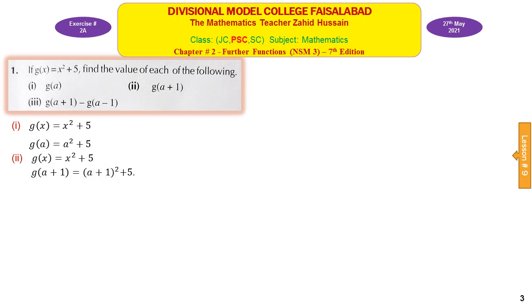Here b is 1. So this is a square plus 2ab, 2a multiplied by 1 is 2a, plus b square, that is 1 square, and plus 5. Simplify the right hand side, we will get a square plus 2a plus 6. This is the value of this function at x is equal to a plus 1.